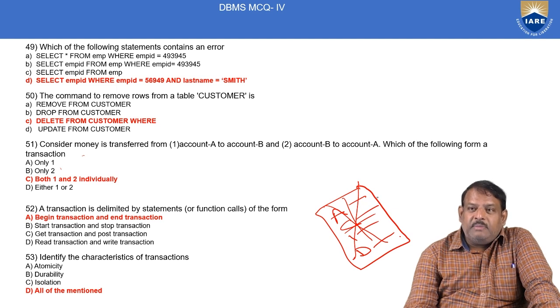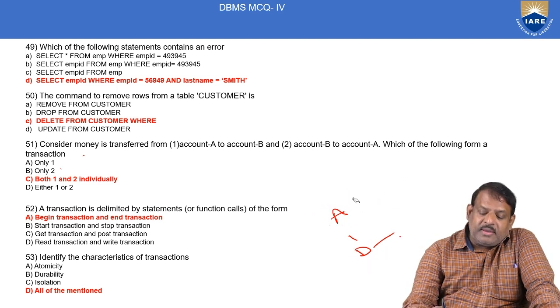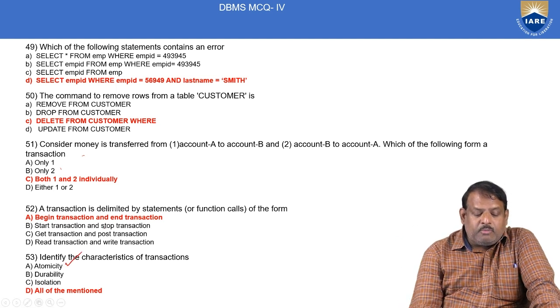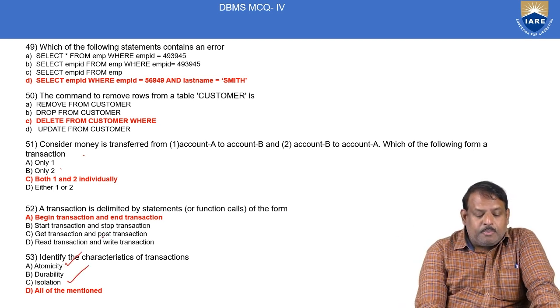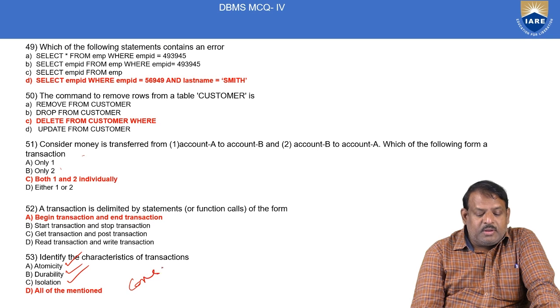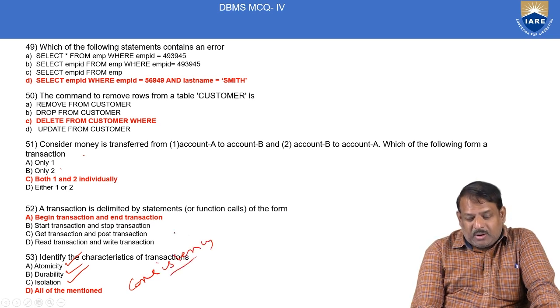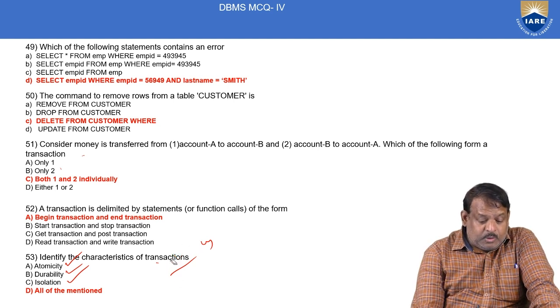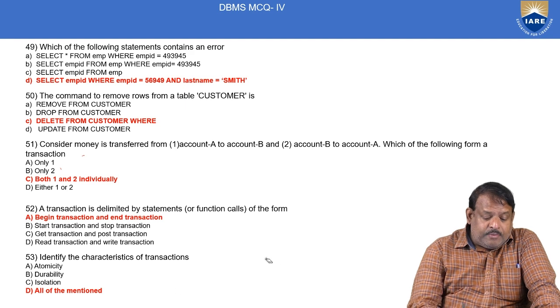Atomicity is one property, isolation is one property, durability is one property, and the one thing missing here is consistency. These are the four characteristics of a transaction.